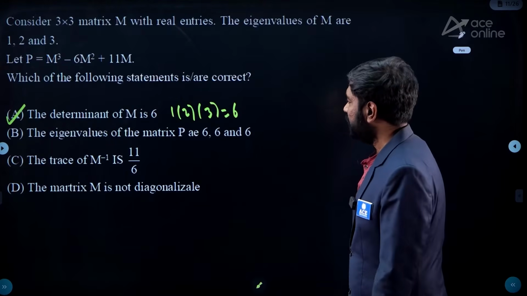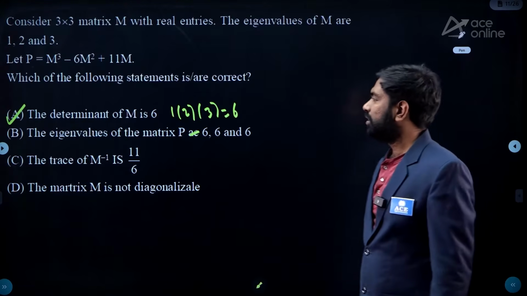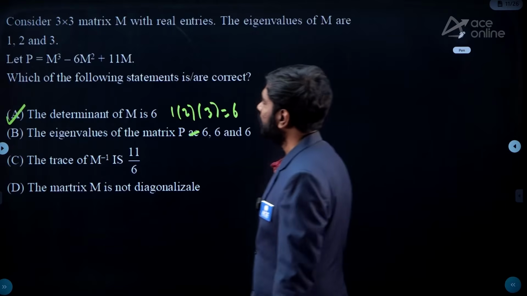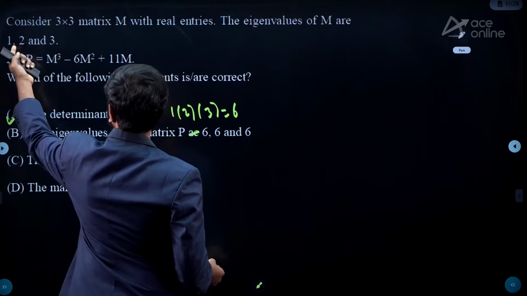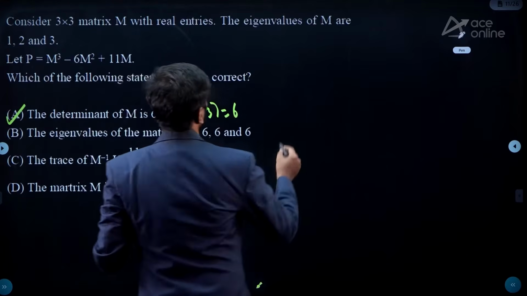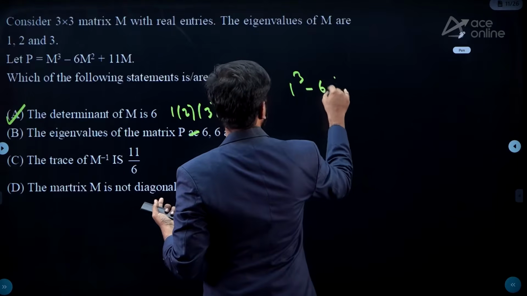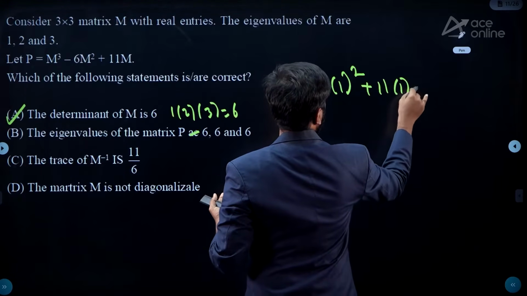The eigenvalues of P are 6, 6 and 6. So this is R. The eigenvalues of matrix P are 6, 6, 6. I want to find the eigenvalues of P. For that, I'll substitute the eigenvalues of M. So the eigenvalues of P are 1 cube minus 6 into 1 square plus 11 into 1, which is 6.